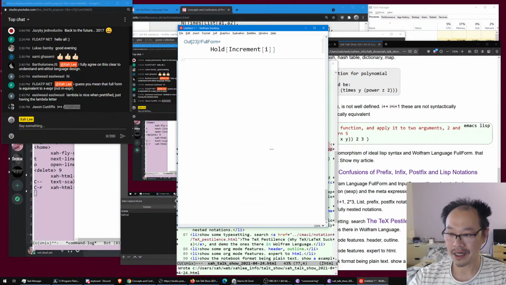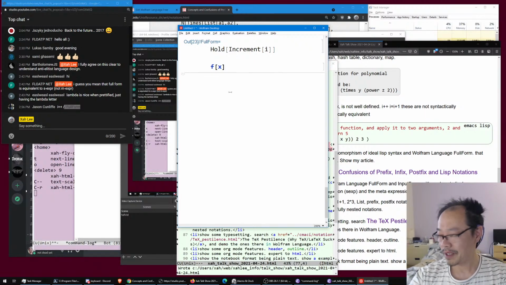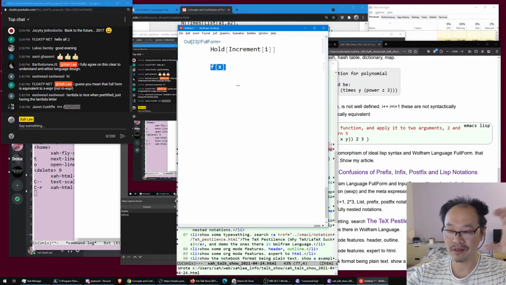So in Mathematica, normally you write things like that: a function name, square bracket, arguments. But Mathematica also has a systematic way to write this expression without the square brackets.